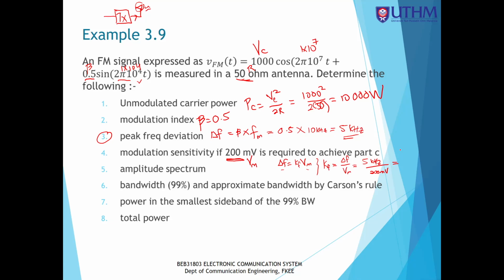So 5k divided by 200 milli, you're going to get 25 kilo. So 25 kilohertz per volt.